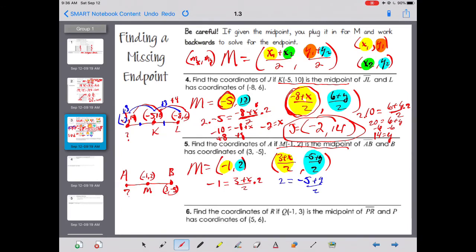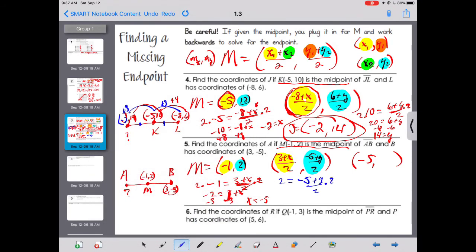Solve for x first. Times by 2, because we're trying to get rid of that divide. Multiply by 2, negative 2 equals 3 plus x. Subtract 3 from positive 3, so those go to 0. X equals negative 5. So the x part's negative 5.